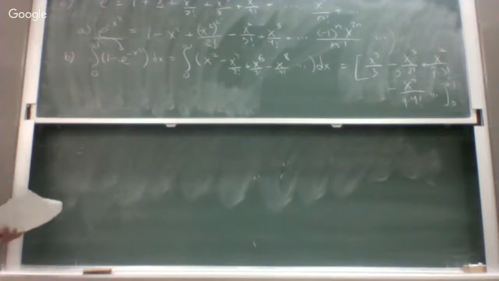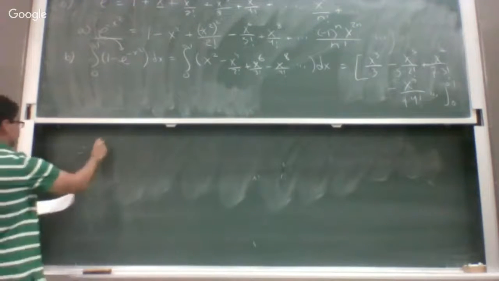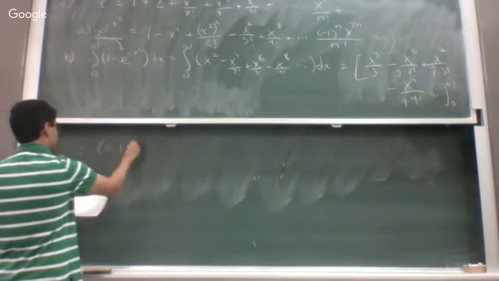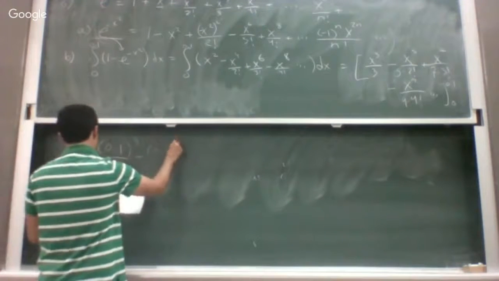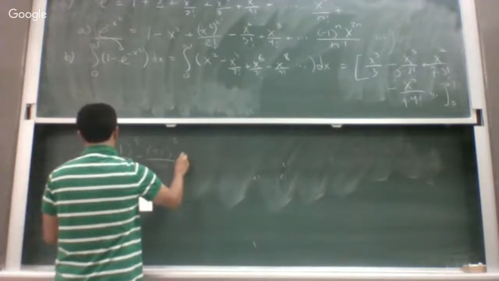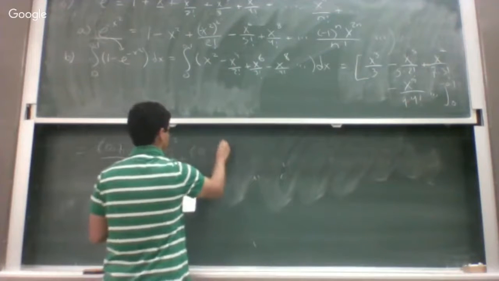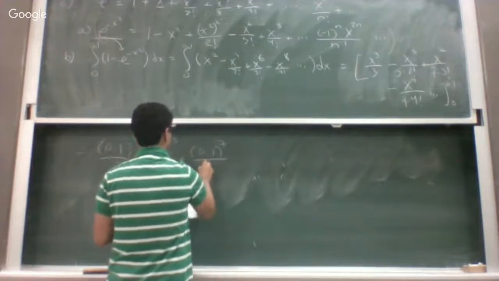So subbing in 0.1, we have 0.1 cubed over 3 minus 0.1 to the 5th over 10 plus 0.1 to the 7th over 42.